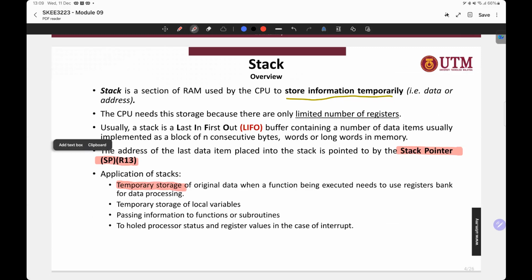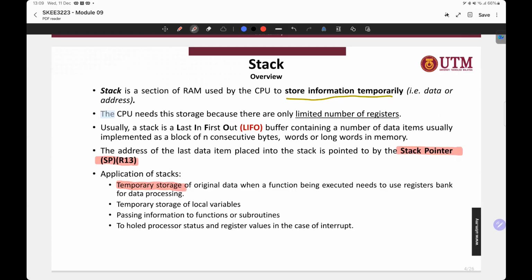You don't want the original value inside the register to be replaced after you run a certain function. So we just put this original value on the stack.